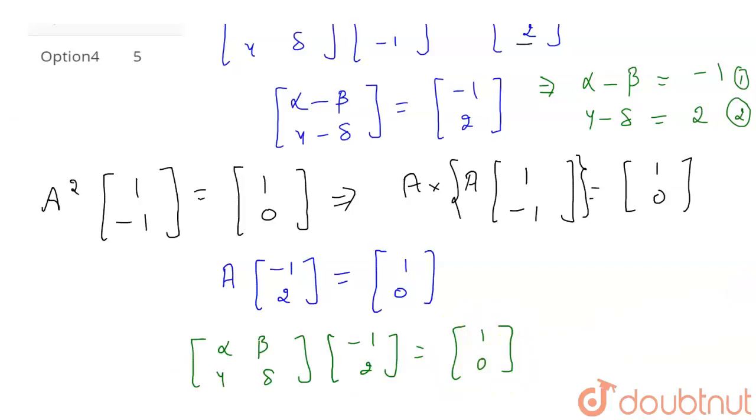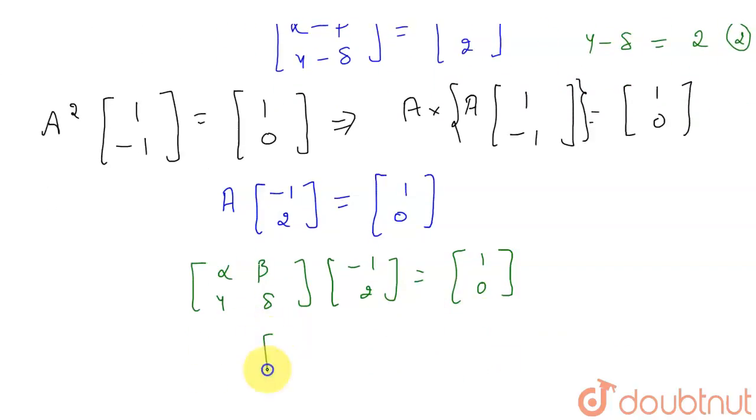Now let me again multiply these two matrices. This gives me alpha into minus 1, so minus alpha plus beta into 2, 2 beta. And this will give me minus gamma, and this will give me plus 2 delta. This is equal to 1 comma 0.